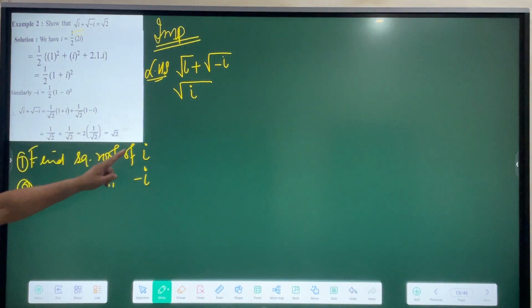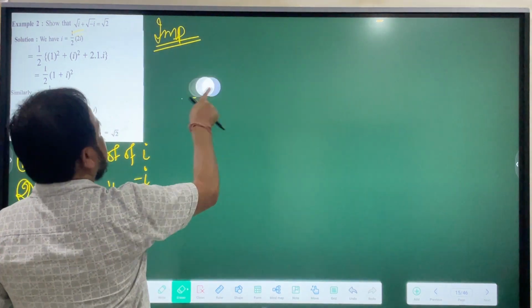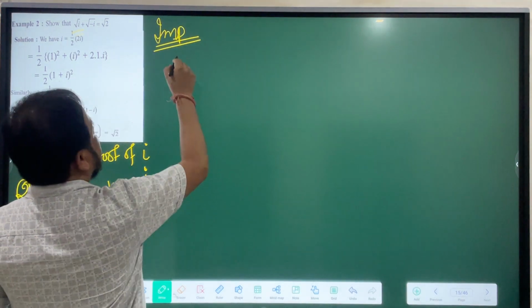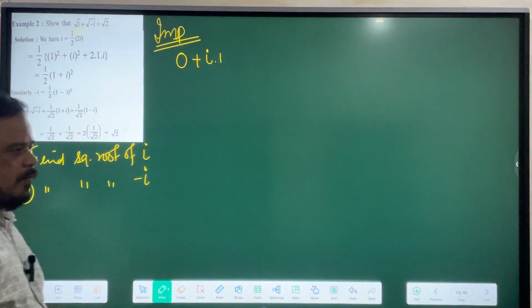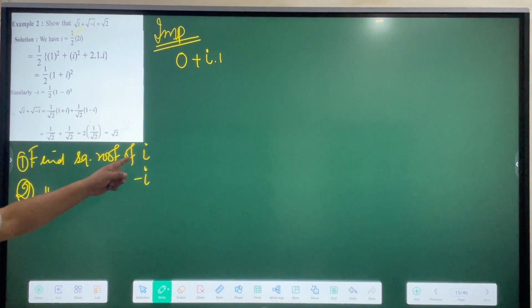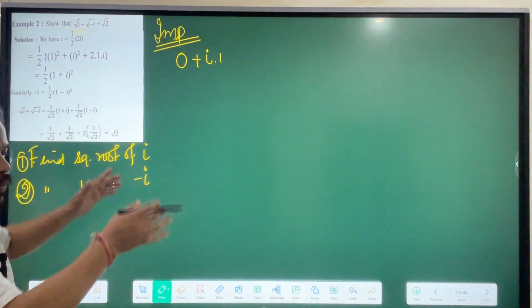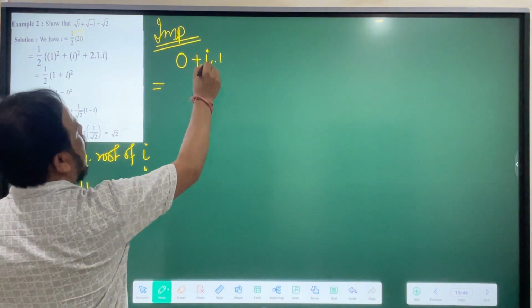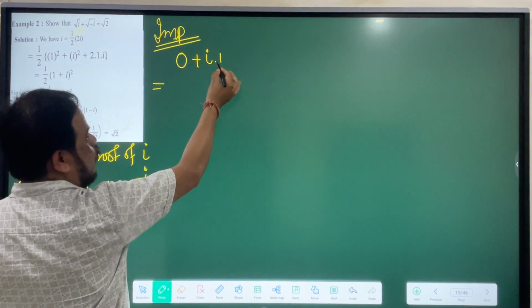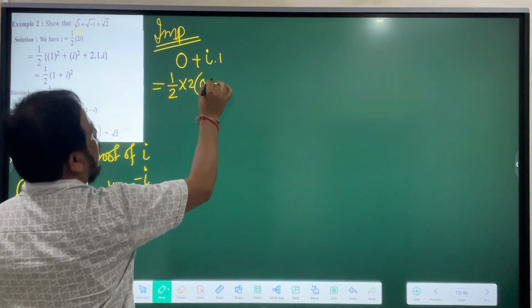To find the square root of i, first of all, let us write it in a plus ib form. At last, from i, we will try to get a whole square. Then only you can go for the square root. Since in the i term there is no 2, we will take 2 this way, like the previous sum.